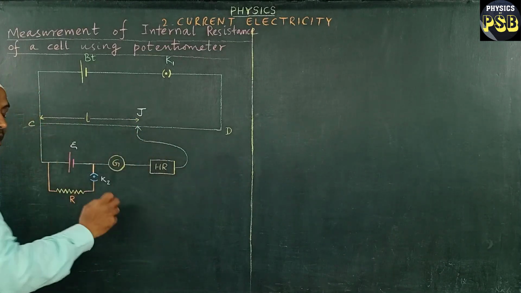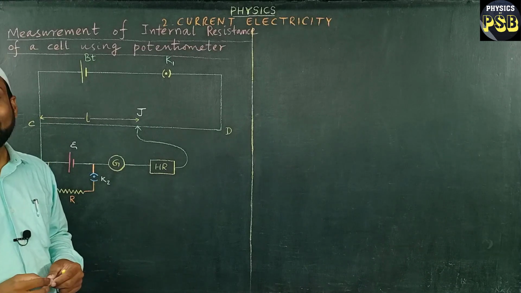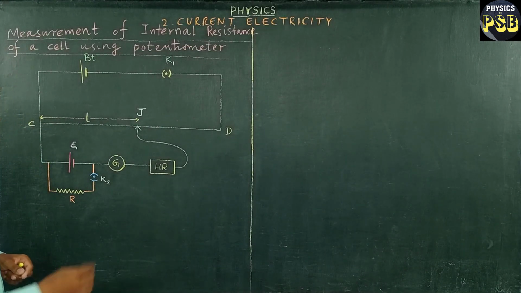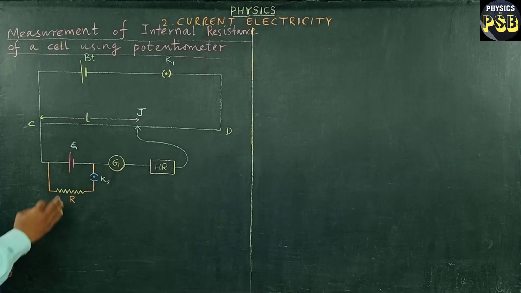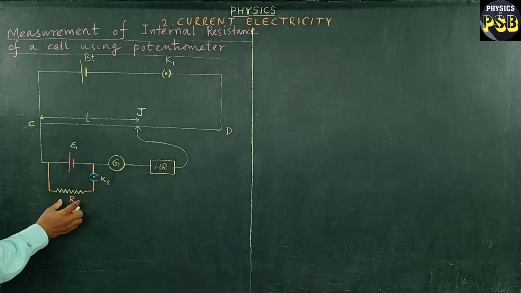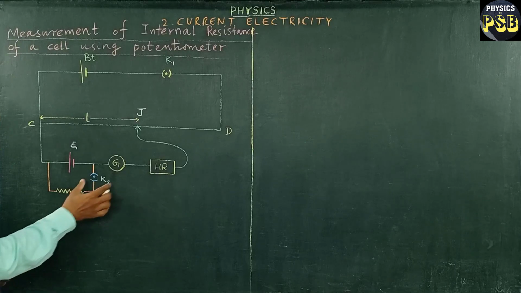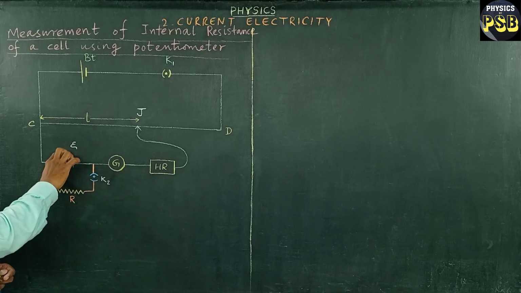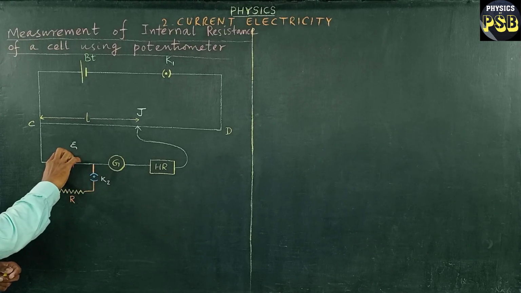This forms the secondary circuit. Apart from this, here we have a resistance box and a key K2 connected across the cell Xi.